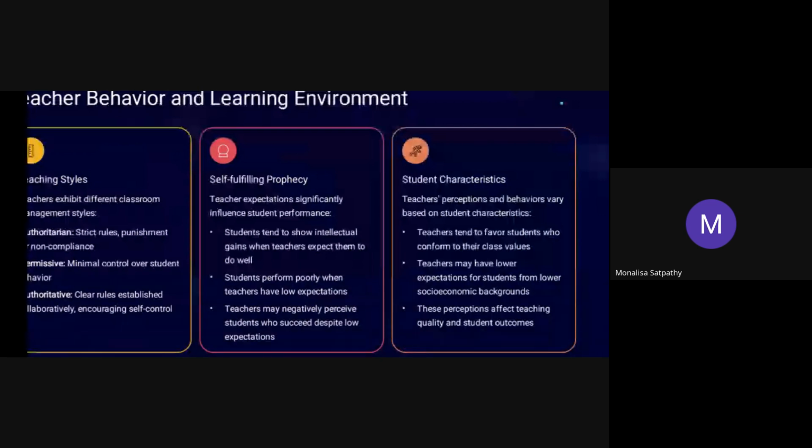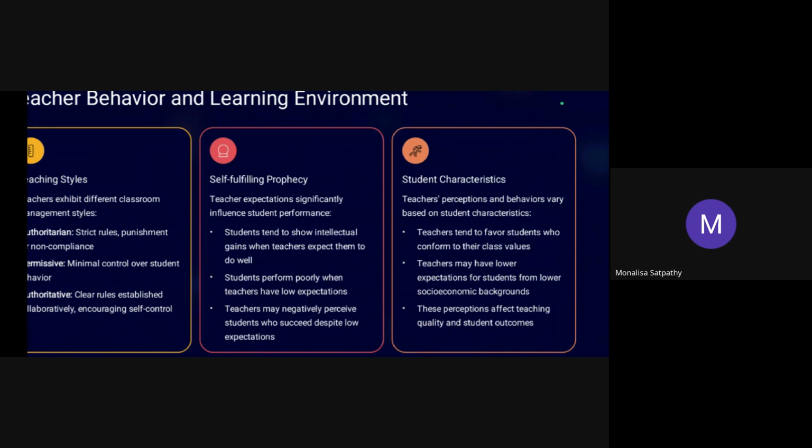So teachers' perception and behavior vary based on students' characteristics. Teachers tend to favor students who conform to their class values. And teachers may have lower expectation for students from lower socio-economic backgrounds. So these kinds of characteristics, that means teachers' expectation, is also one of the important factors in the learning process.